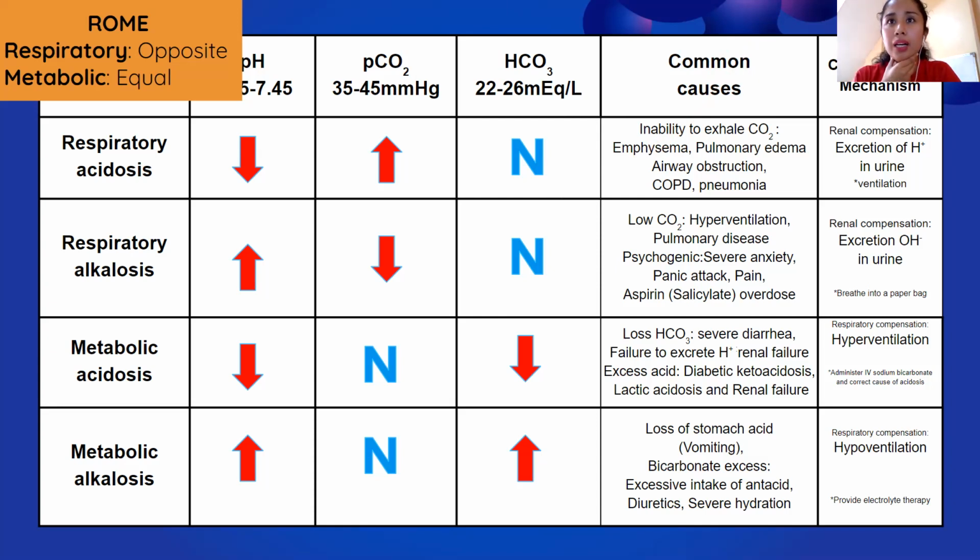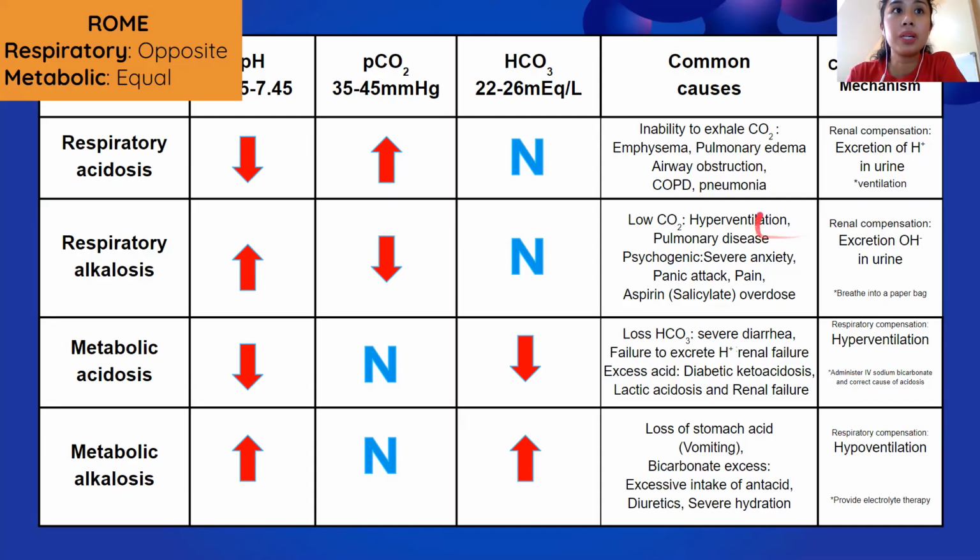So there's a blockage. We have COPD, chronic obstructive pulmonary disease, pneumonia. So this person has the inability to exhale carbon dioxide. Hence, that person retains more carbon dioxide, hence the body becomes more acidic. So, causes first, class.